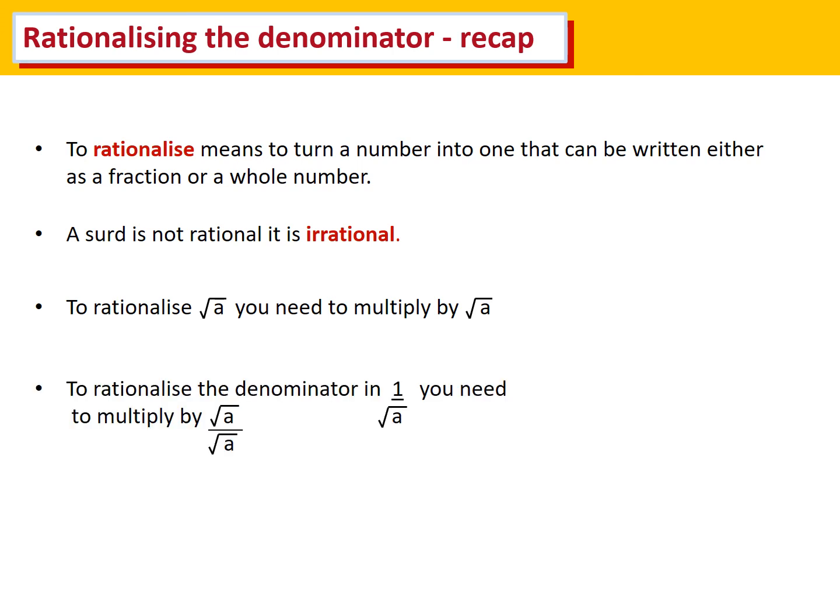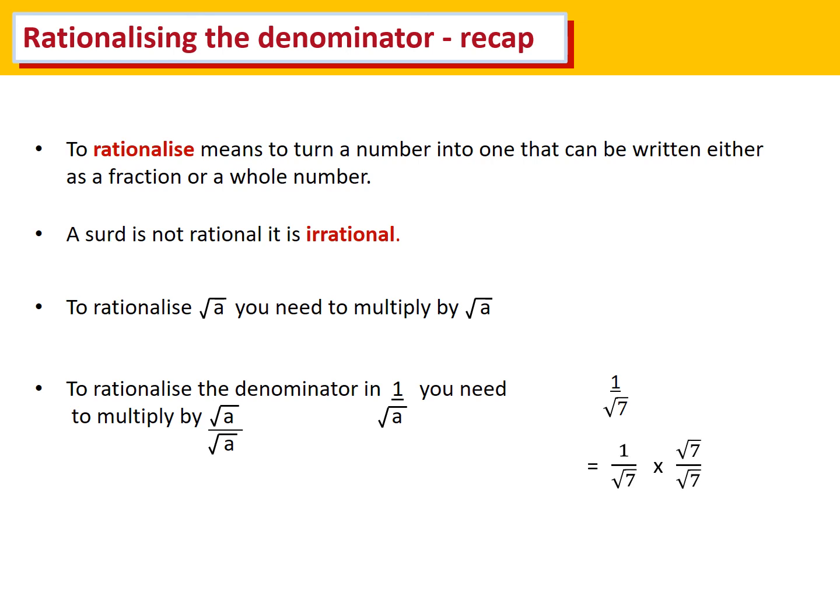If we have a fraction where the denominator is a surd, we rationalise by multiplying by root a over root a. Now let's see that in this example. In the denominator we've got root 7, so we multiply top and bottom by root 7.